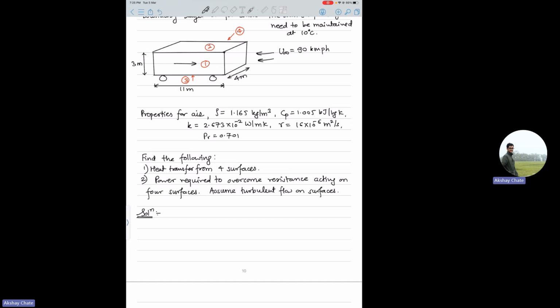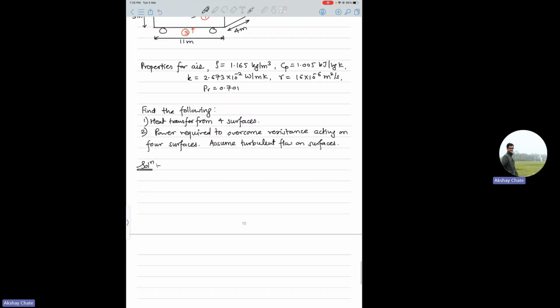But then again, the question comes, what should we do? Because you can take some part of the surface as laminar initially, then take the rest as turbulent. But here they have mentioned that you can assume turbulent flow. What that basically means is you can neglect the small part where the flow is laminar, because that length will be very small, and you can assume the whole plate has a turbulent boundary layer. So in this case, you can calculate the average Nusselt number over the surface.